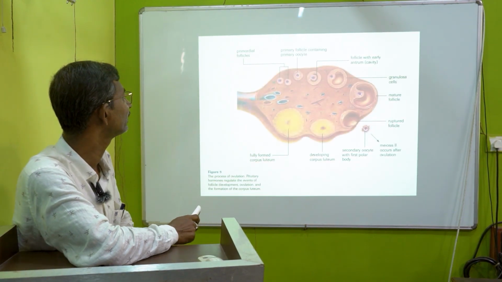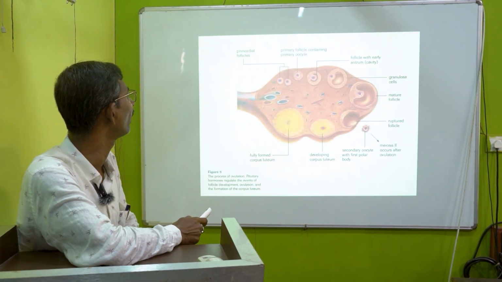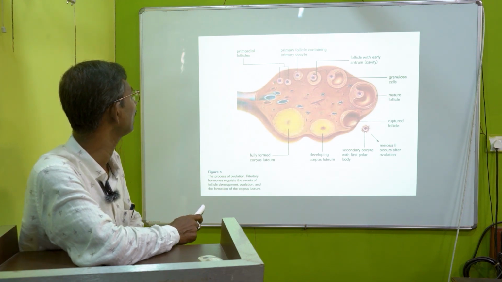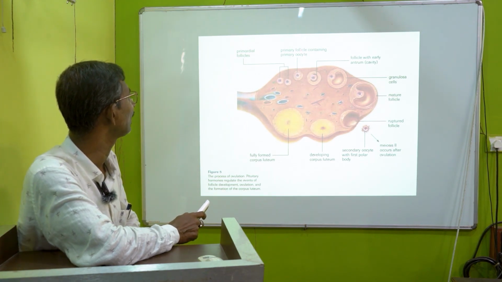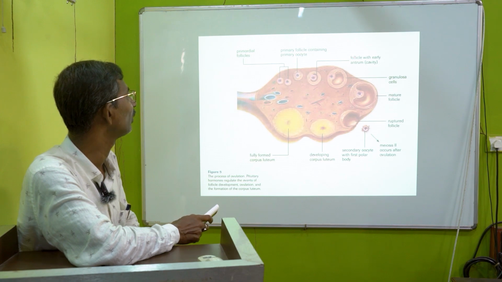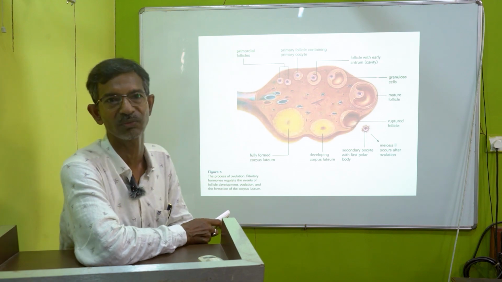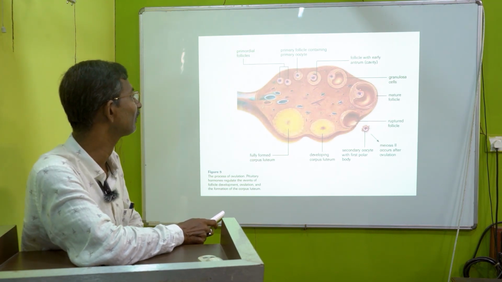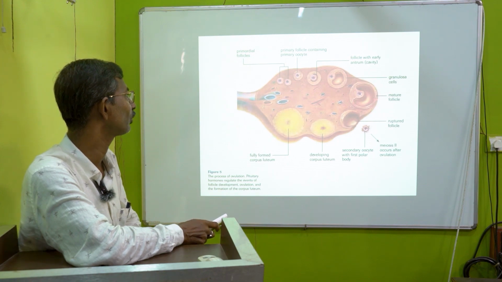Next, this is the histological structure of the ovary. These are the primordial follicles. There is the primary follicle containing primary oocytes, and the follicle with the early antrum, and these are the granulosa cells. These granulosa cells and theca cells are responsible for the synthesis and secretion of estrogen. There is the mature Graafian follicle, and this is the ovum.